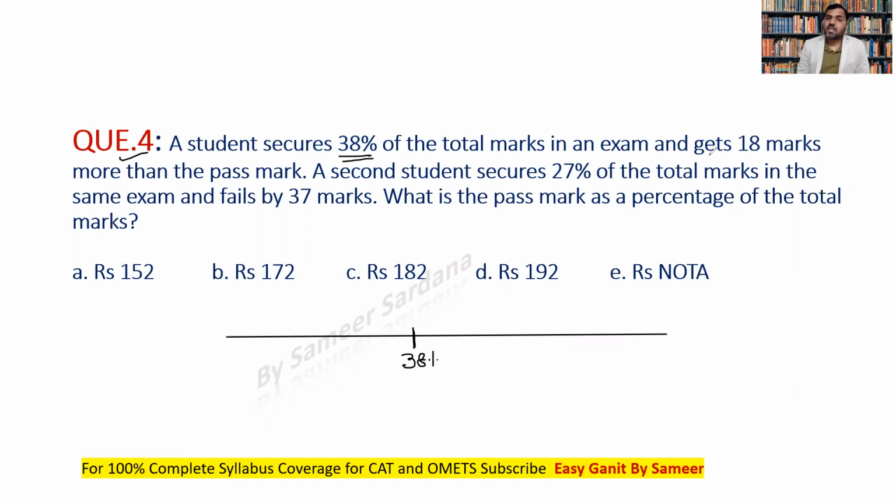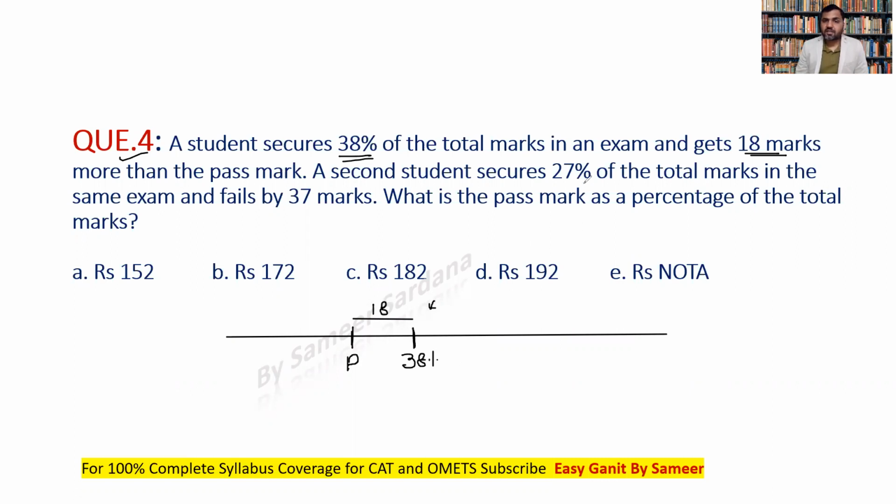He is getting 18 marks more than the pass marks. So can I say this mark is actually 18 more than the passing marks? So can I say the passing point is actually 18 less than this mark? So this difference is equal to 18 marks, right?